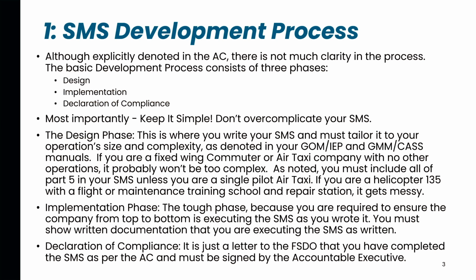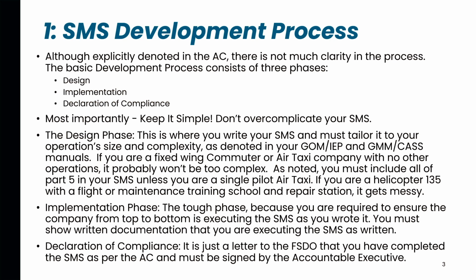There's going to be some merging between the two, because as you're designing, it always starts out with designing the safety policy first, and then building on that. So you'll design the safety policy and implement it, and then you'll start designing the rest of it: safety risk management, safety assurance, and then the safety promotion.